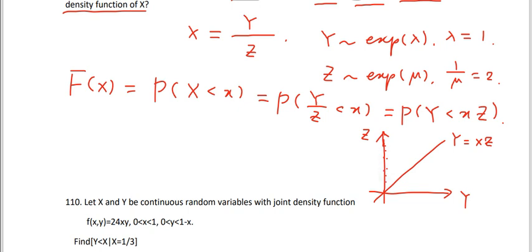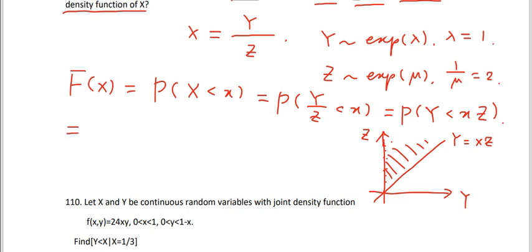So we know this part is where y is small. So we know y less than xz should be this part, right?